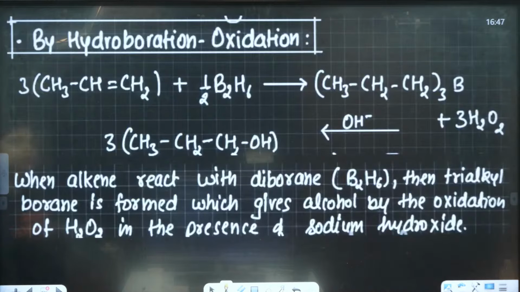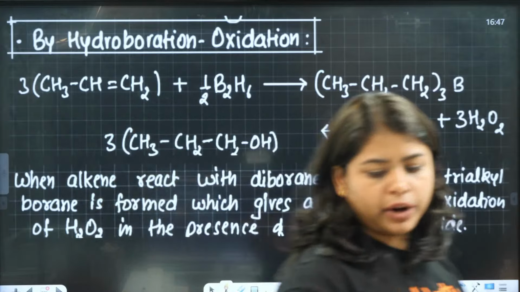Next comes hydroboration oxidation. With the help of hydroboration oxidation, how are we going to understand it?